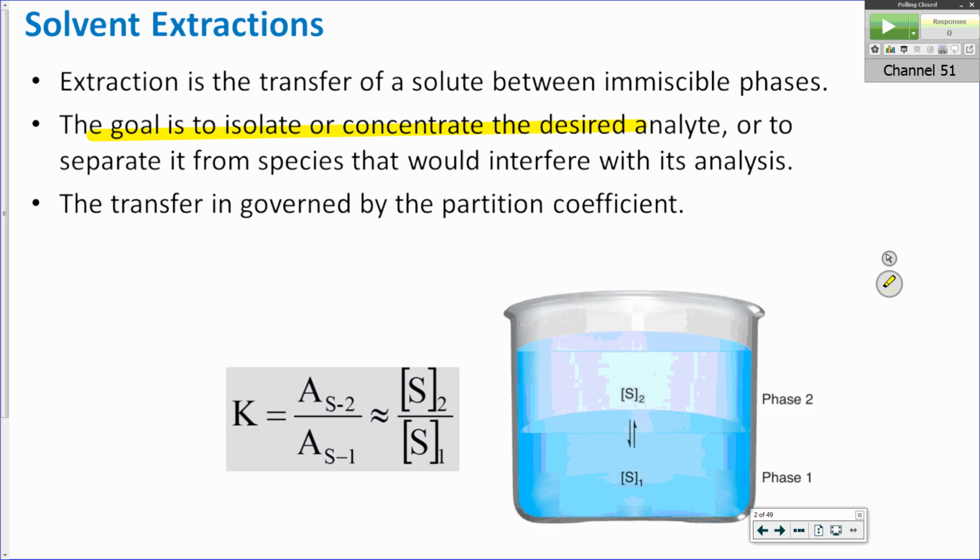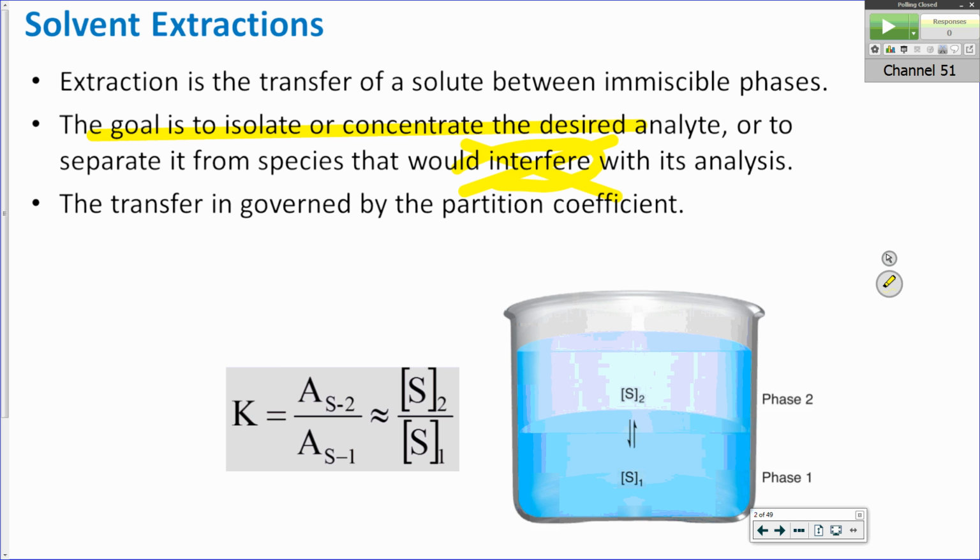We commonly do it to remove interferences in analytical, to try to get the compound we're looking for separated from a lot of other things so we can do a better analysis in the long run. So commonly we're trying to remove these interferences that would be a problem for us, try to block those out.